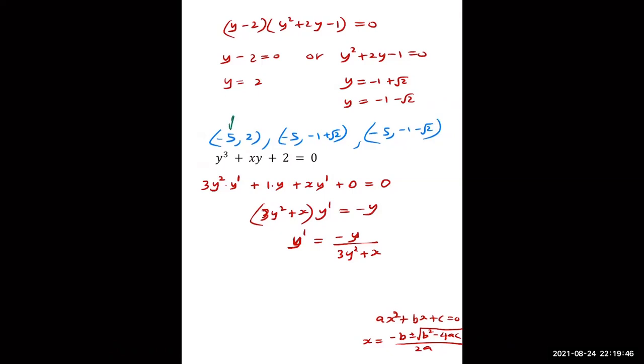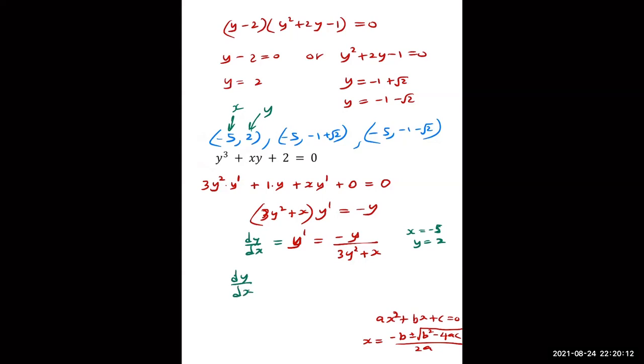The x value is minus 5, your y value is 2. If you plug in x is equal to minus 5 and y is equal to 2, that will give you the slope of the tangent at that point, (-5, 2). We denote it by dy over dx. y prime is always dy over dx.